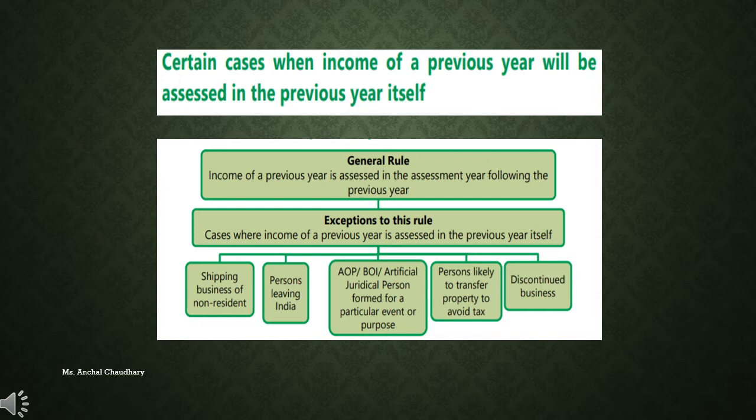Many times, people feel that if they sell a particular property in the current year itself, they can avoid the tax. To avoid that situation, the government has planned this: the government is smart enough, and will not let you go without paying tax. So this rule has been made that if a person transfers his property in the current year to avoid tax, he will not escape; he has to pay the tax in the current year only. He cannot escape.